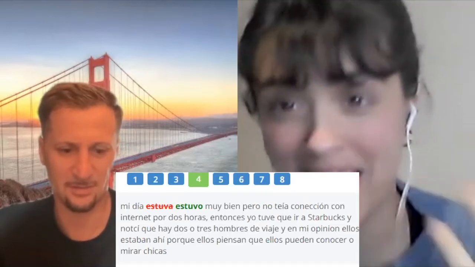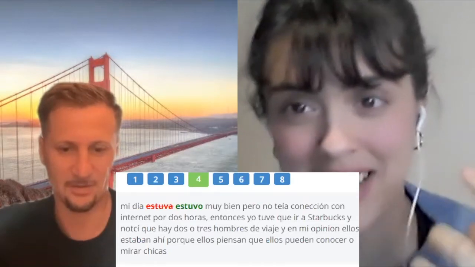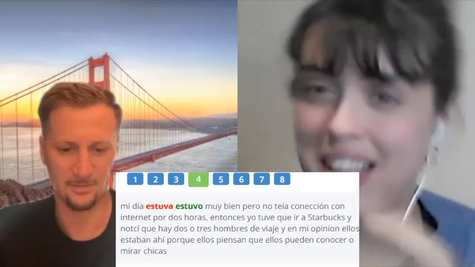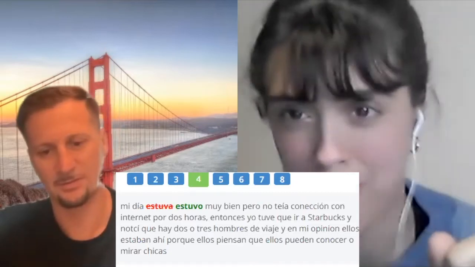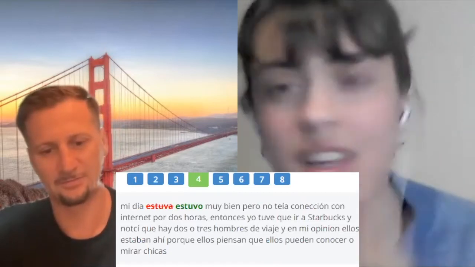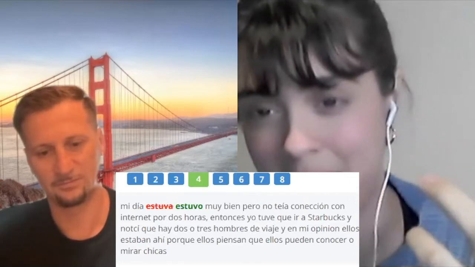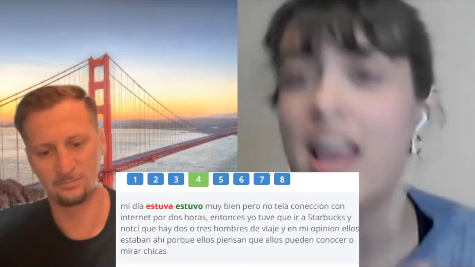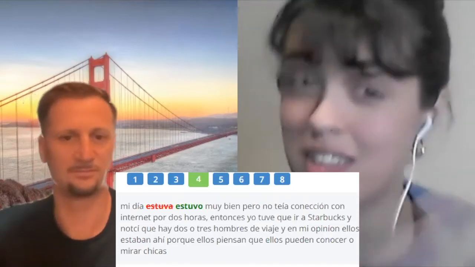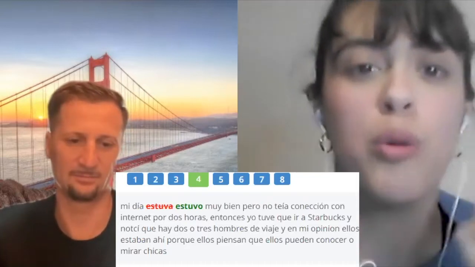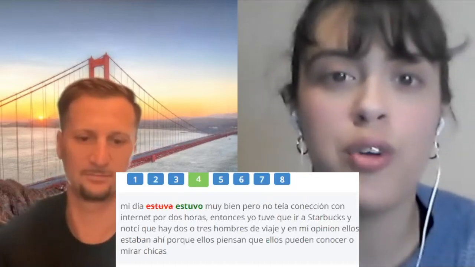Verbs don't change regarding gender, right? It's nouns and adjectives and articles that change depending on gender, but not verbs. This is the past tense of estar, always estuvo, no matter the gender of día. And even if they did change, día is a masculine word. Mi día estuvo muy bien.